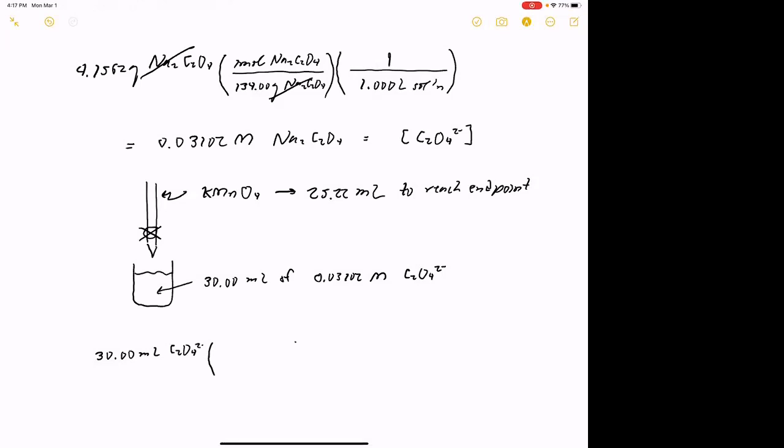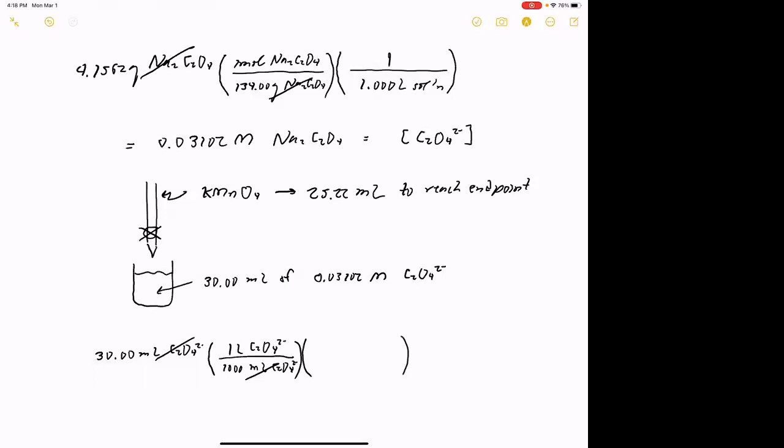Let's change it to liters: I've got 1,000 milliliters of C2O4 per every 1 liter of it. And again, I'm keeping my identities here so I can keep track of things. So mils go away.